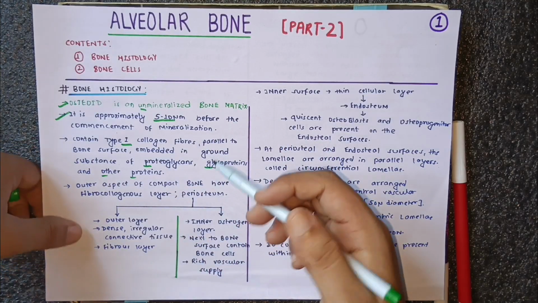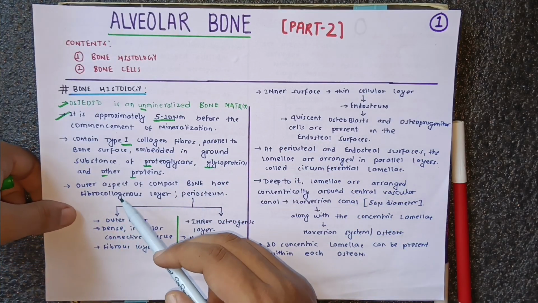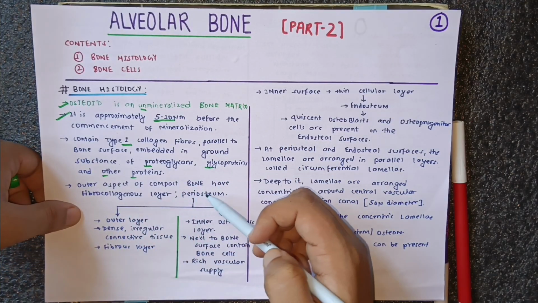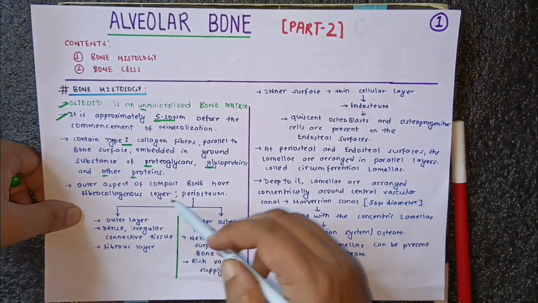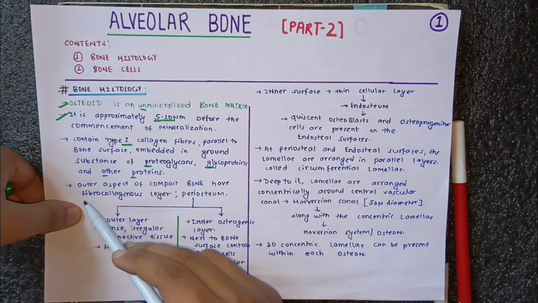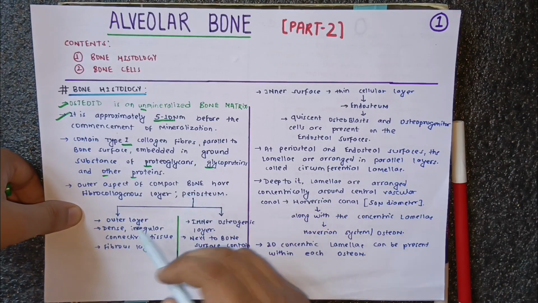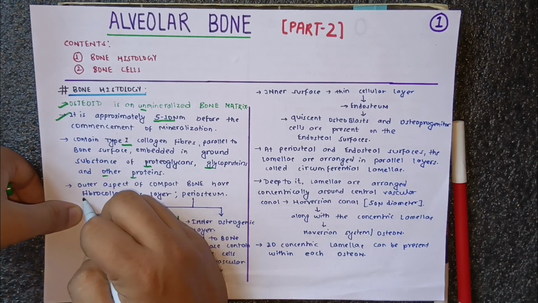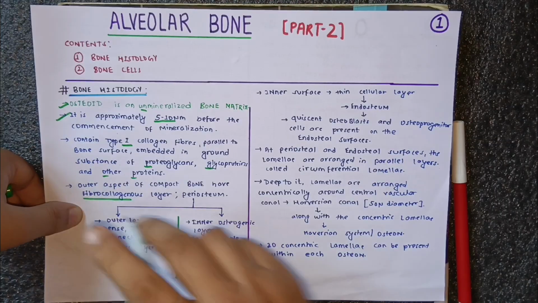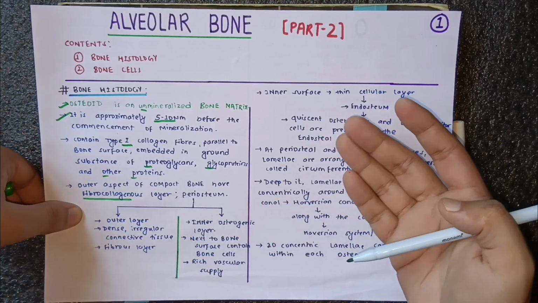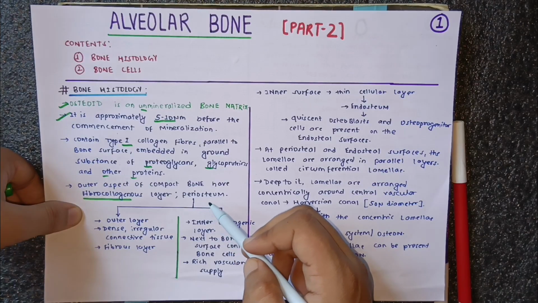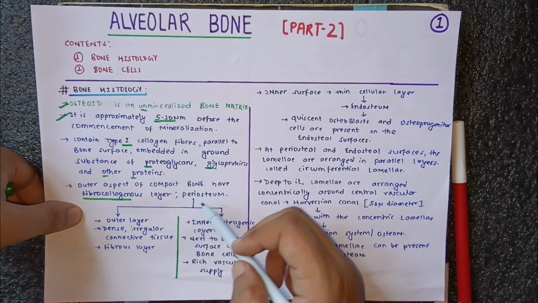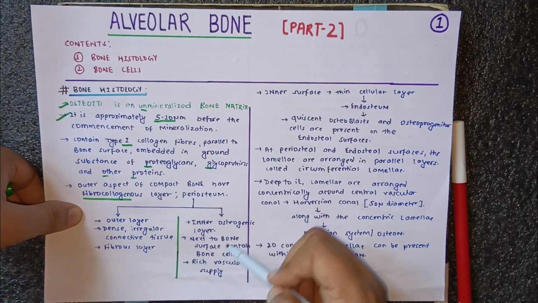Now we will start the discussion of compact bone histology. The outer aspect of the compact bone has a fibrocollagenous layer, and this word is very important. This fibro and collagenous layer on the outer aspect of the compact bone is called the periosteum. In the periosteum we have an outer layer and an inner layer.